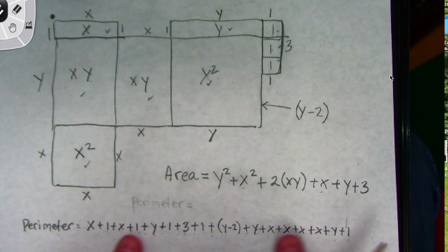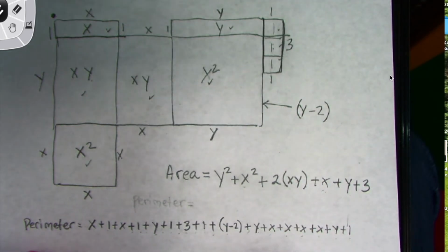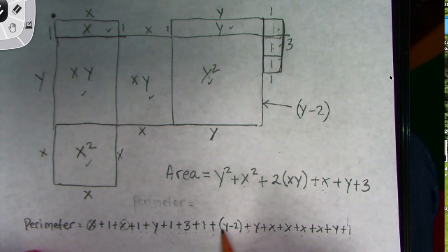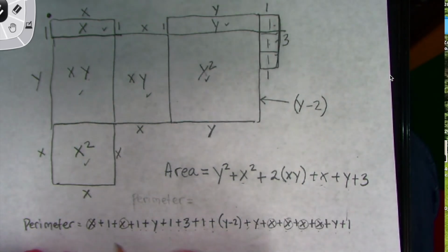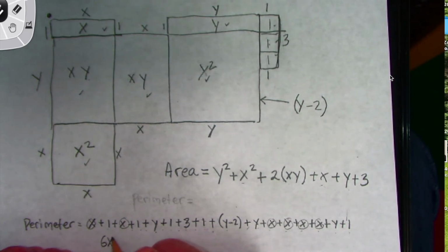As long as you have this written out here, it's okay for you to mark it up to keep track of it all. So how many x's? Let's combine all of my x's first. I have 1, 2, 3, 4, 5, 6.